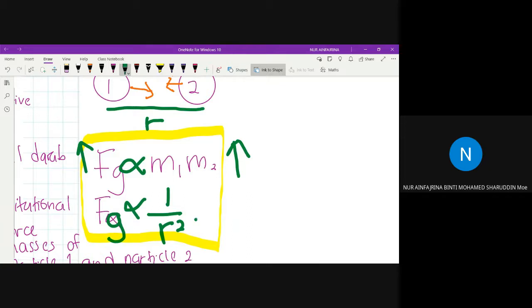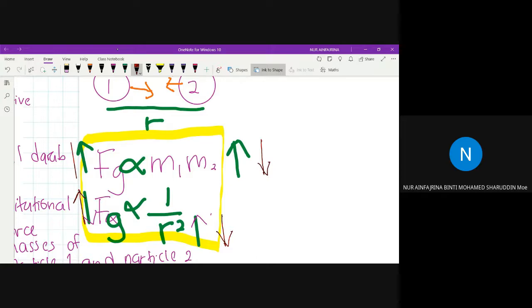What happened to your gravitational force? Decrease. Decrease, very good. And vice versa lah. Kalau ini increase, ini decrease. Kalau ini decrease, ini akan increase, sebab dia inversely proportional. Yang ini kalau decrease, ini pun akan decrease.